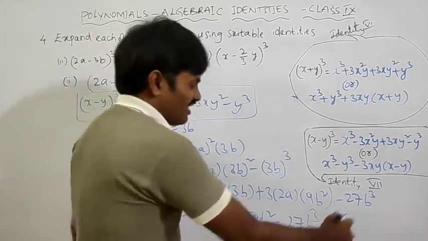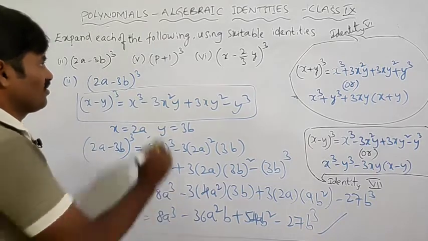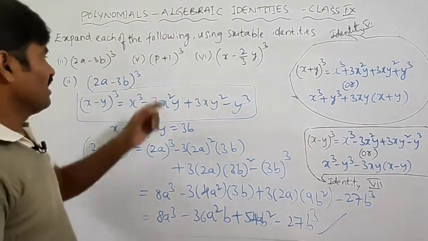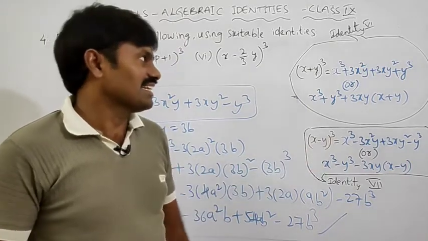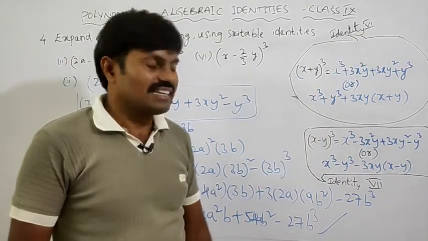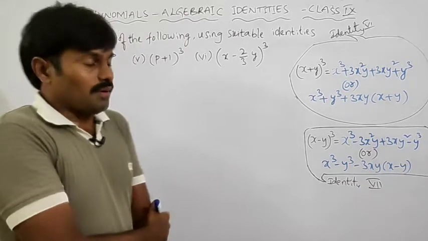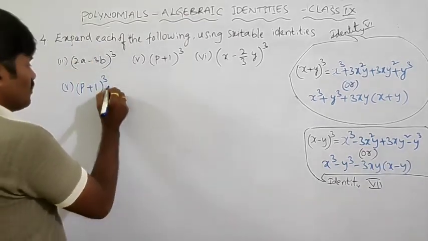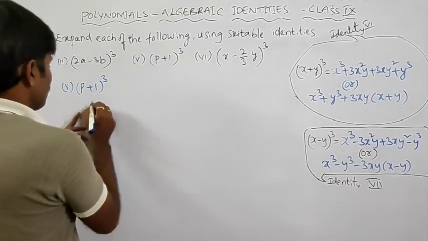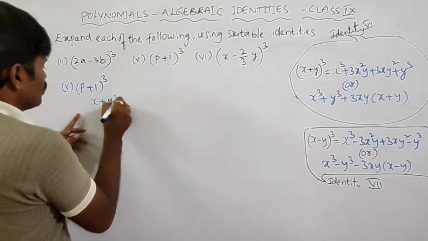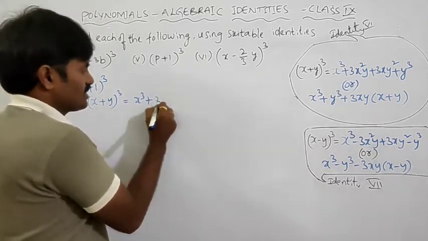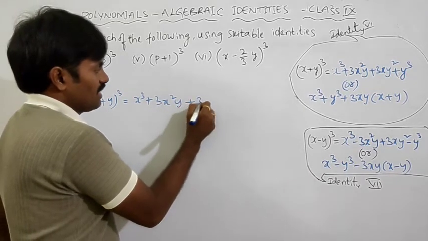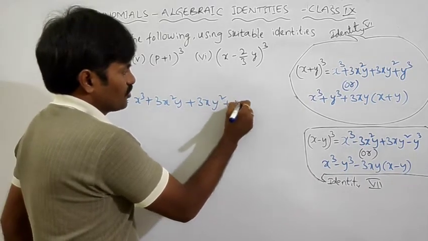Yes. So like this we can expand, and now we are going to expand (p plus 1) whole cube. Which identity is suitable for that? Yes, identity 6. Now the next problem is (p plus 1) whole cube. It is in the form of (x plus y) whole cube, that is x cube plus 3x square y plus 3x y square plus y cube.